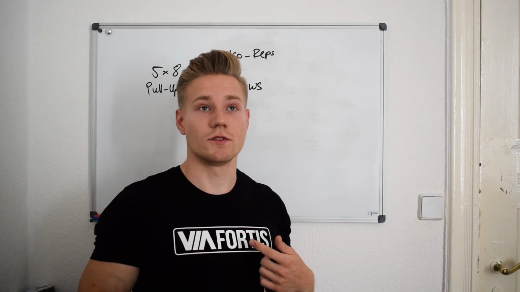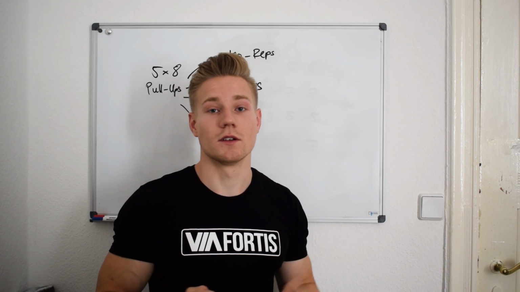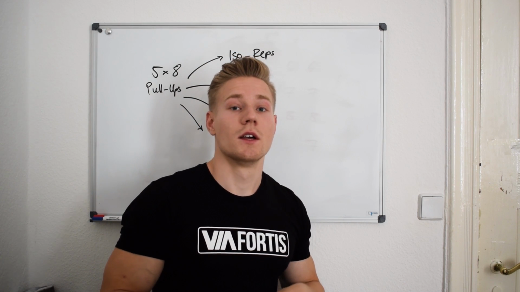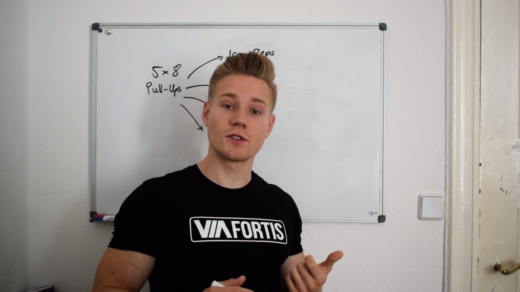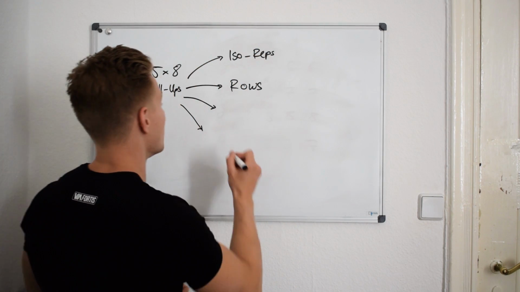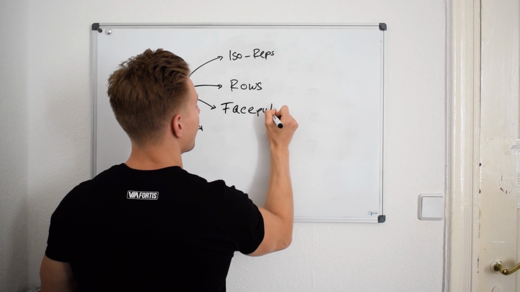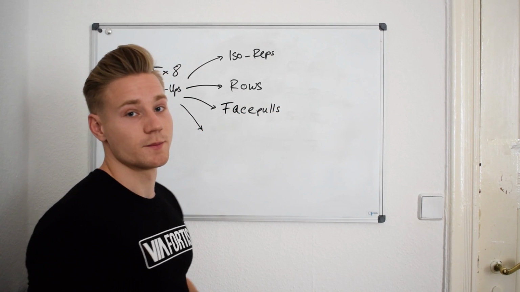After you've done the rows, you want to probably also work on the weakest part, which is mostly the posterior shoulder part. And you want to have a good posture also. That's why I would recommend you to integrate face pulls.